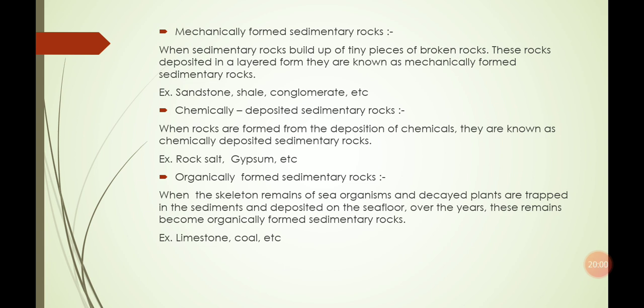So what is this? When the largest sediment particles such as sand and pebbles initially get deposited, and finer sediments such as clay and silt get deposited later, they form layers. So they are known as stratified rocks, and these are mechanically formed sedimentary rocks.